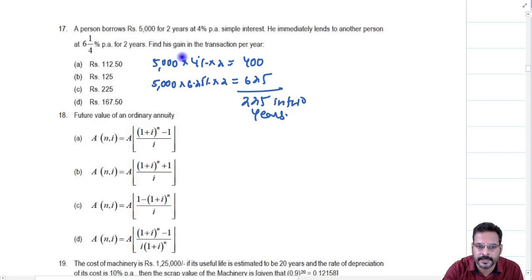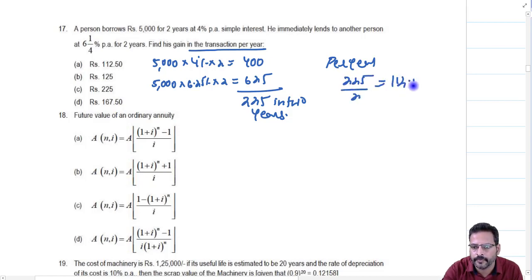But in the question, we have to find out the gain in the transaction per year. So per year, you will get 225 divided by 2. That means 112.5. The answer will be A. So 225 is also given in the choice, so read the question carefully before answering.